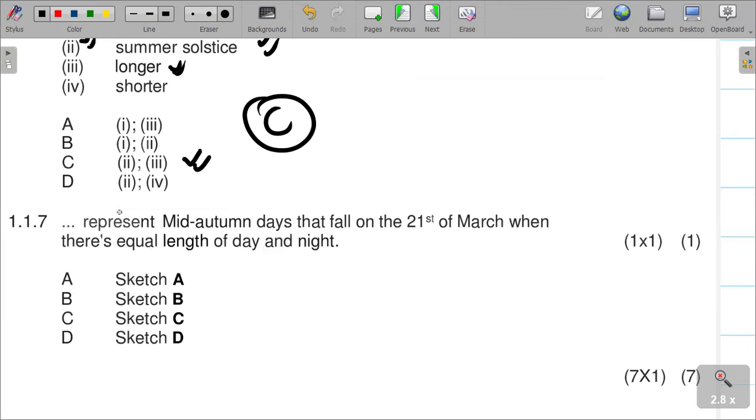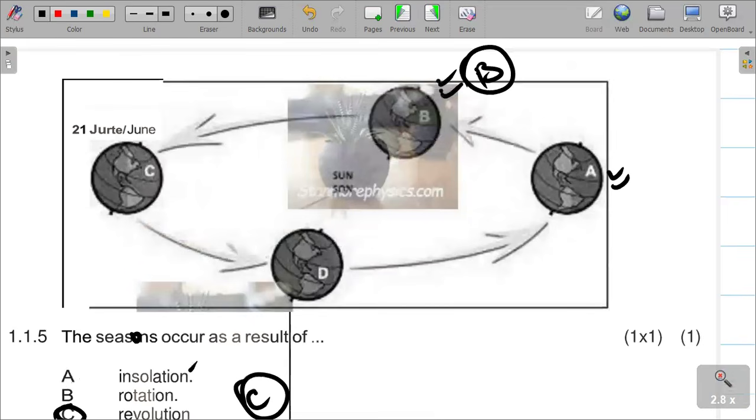Equinox identifies situations when days and nights are equally the same length.